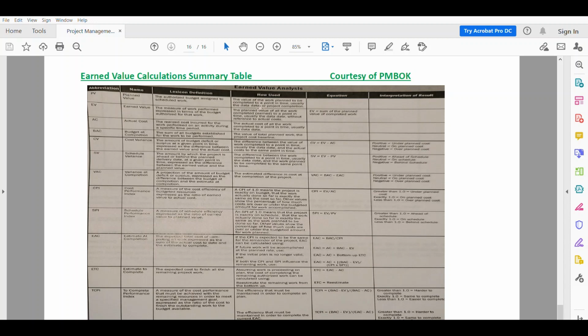So all the equations are here, and you can find in the literature some examples on how to find cost variances, schedule variances, earned value measurement, schedule index and so on. And this is the last section of this presentation.